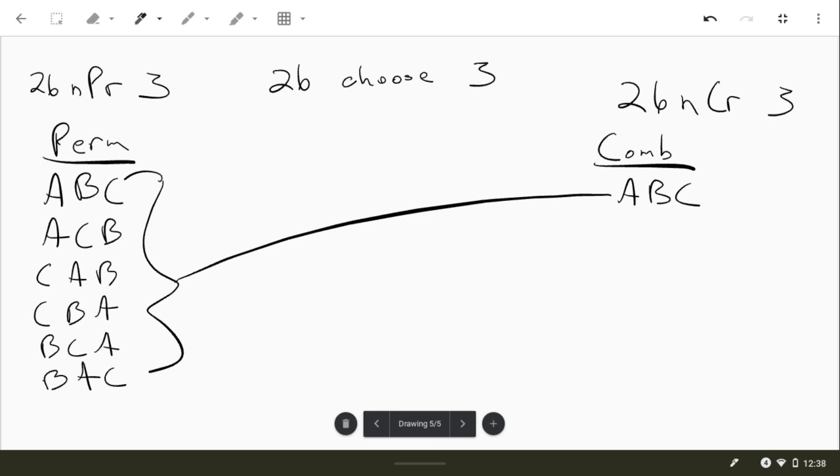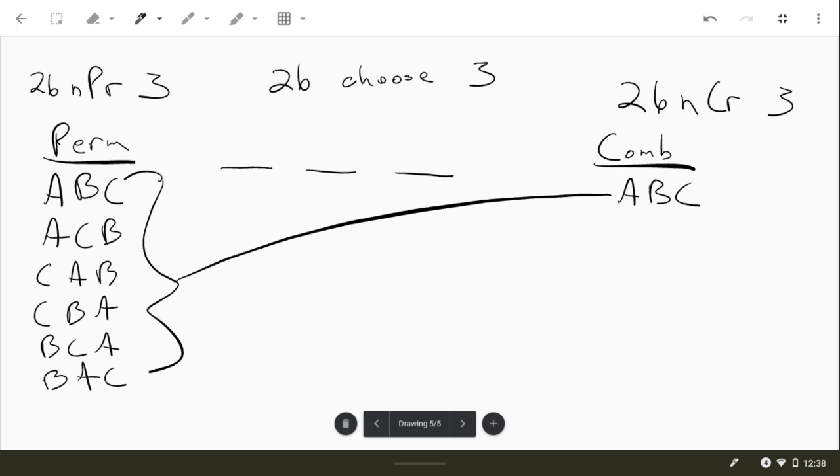Now the permutations, it may not feel like it, but we have done these already. We're choosing 3 letters. We have to put a letter in each of these slots, and we're choosing from a set of 26. And we want to know how many different ways we can do that.